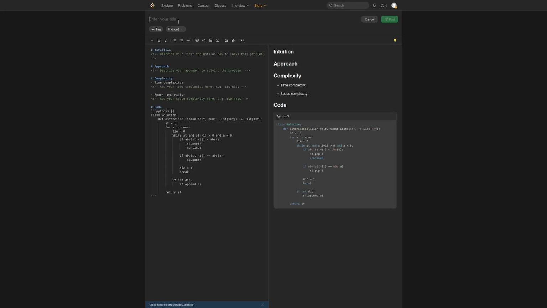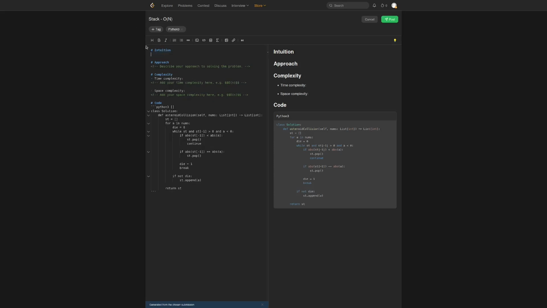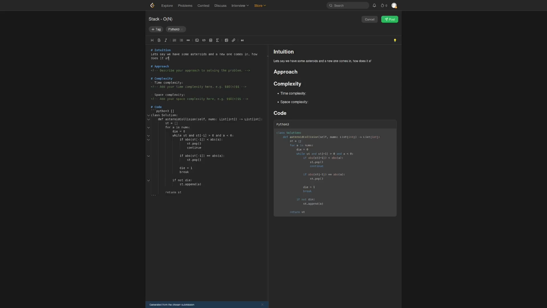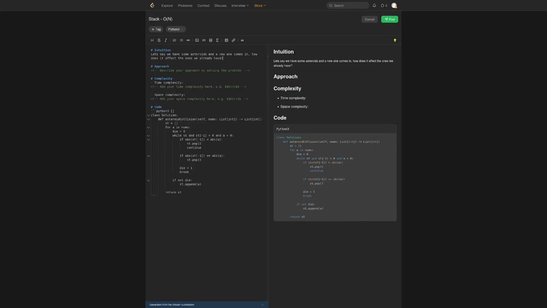Okay, so let's say we have some asteroids, a new one comes in. How does it affect the ones we already have?